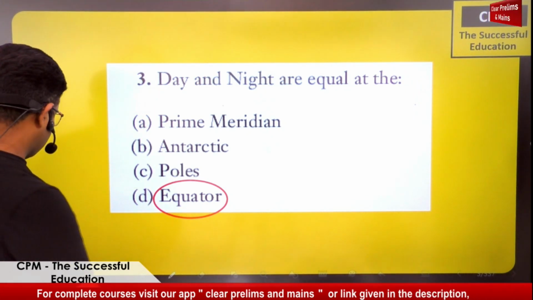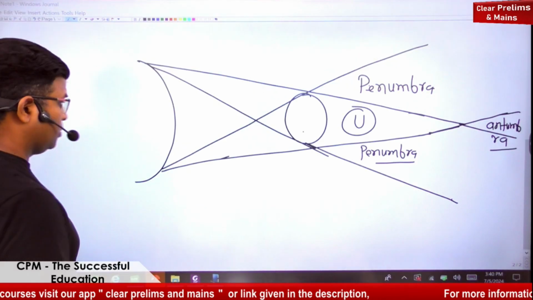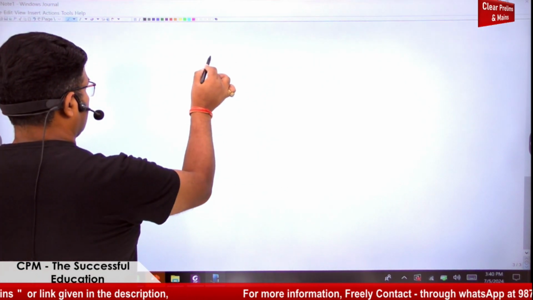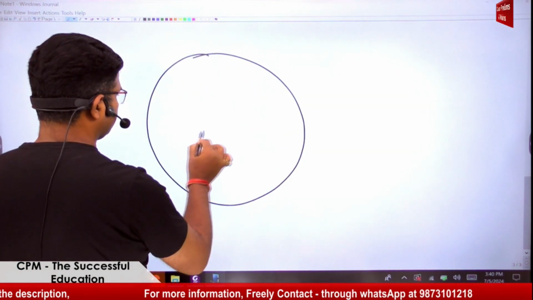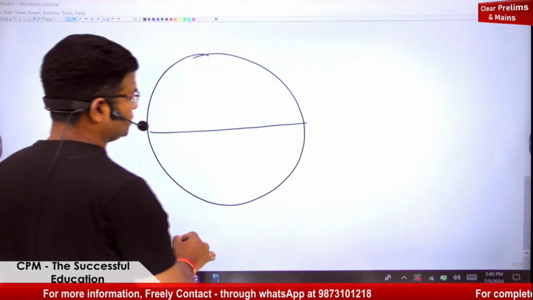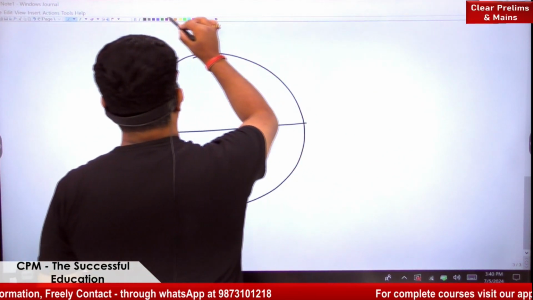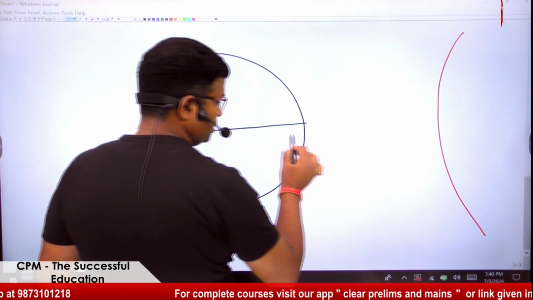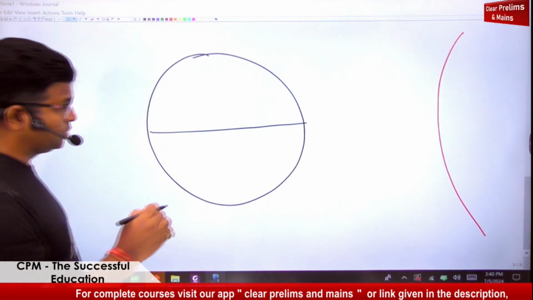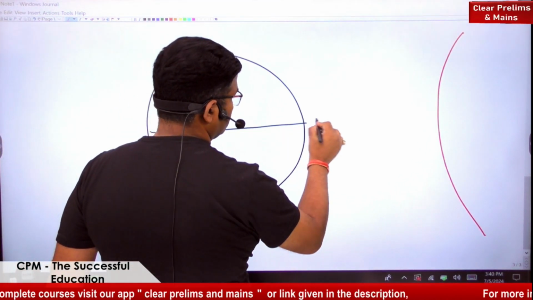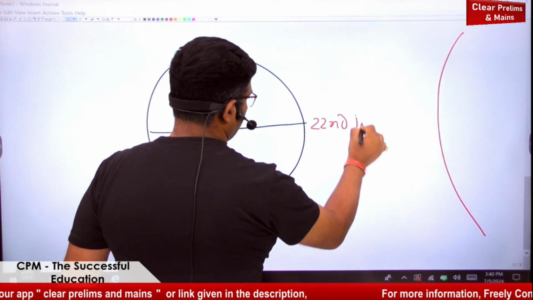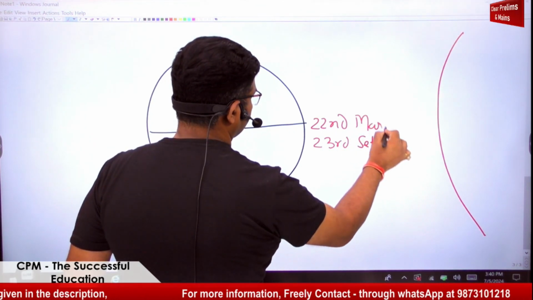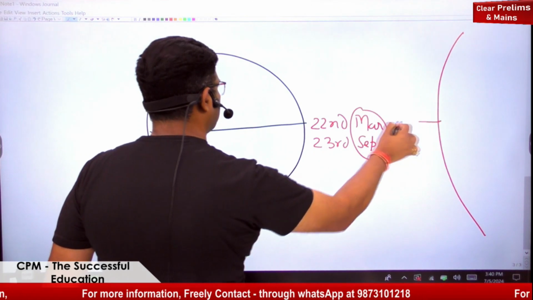We can say that if this is our Earth and this is our equator, and we have a sun, on 22nd March and on 23rd September the sun rays fall completely on the equator.